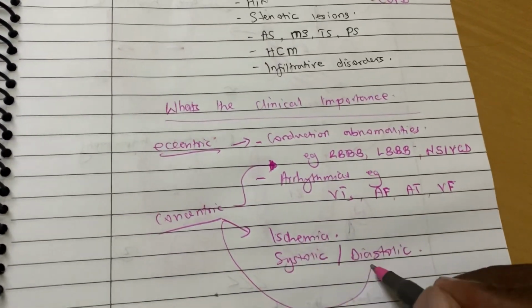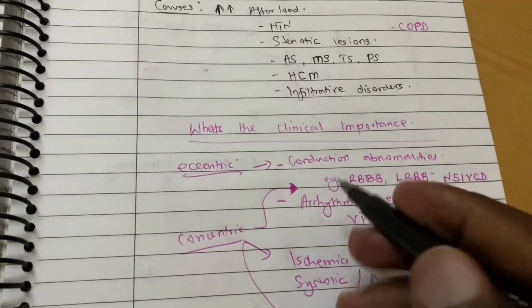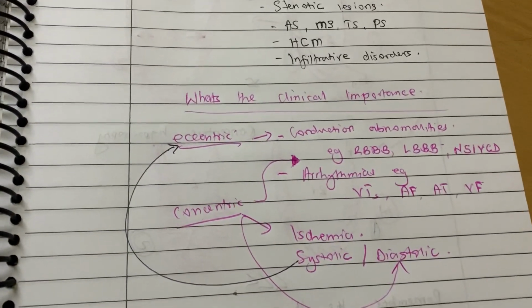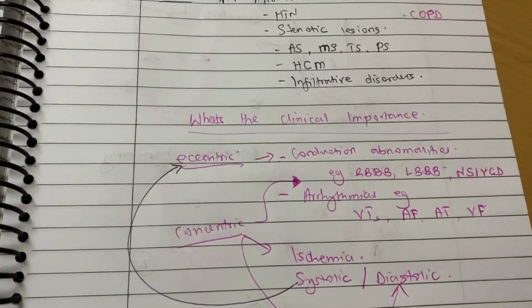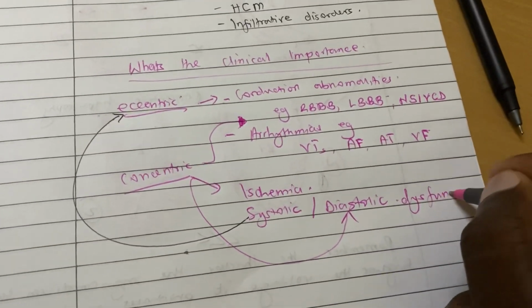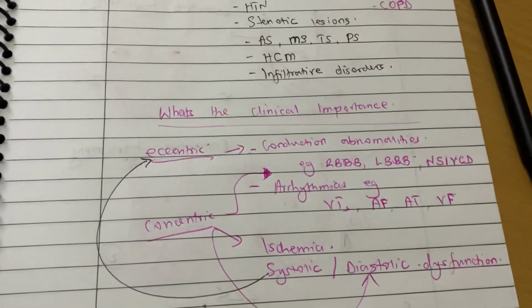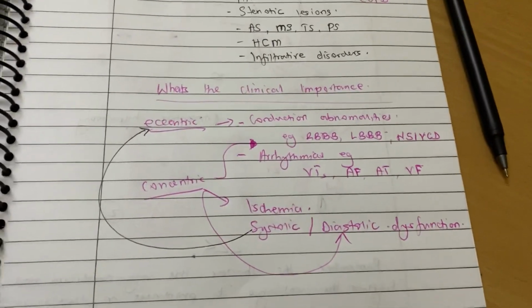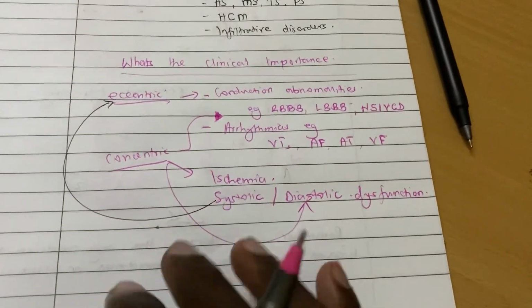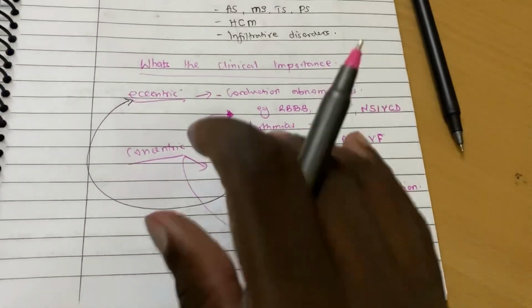This one goes more to that, and then systolic dysfunction go to this side. Dysfunction. So if you find them, whether by echo or on ECG, you just know the patient has this risk of entering heart failure.